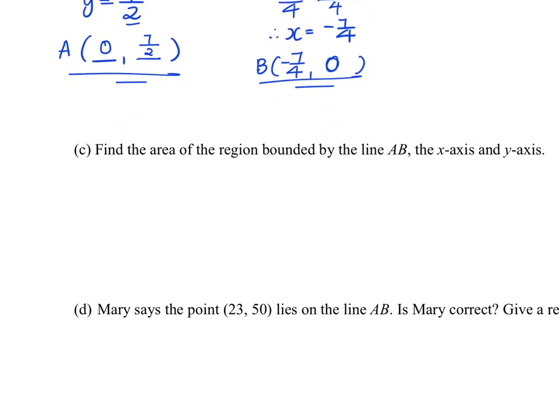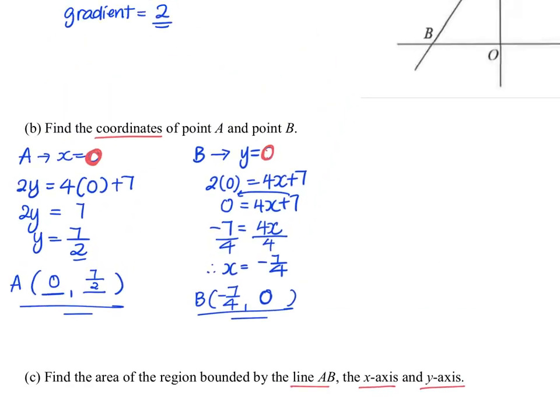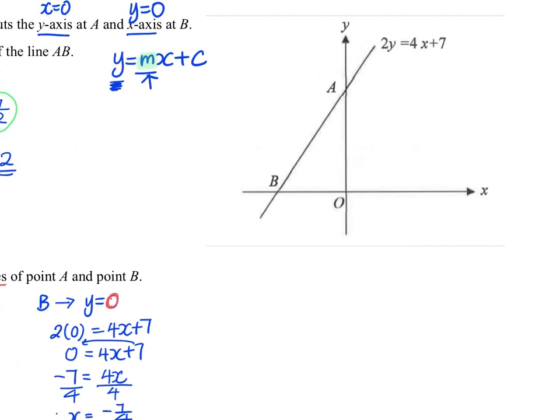Okay, find the area of the region bounded by the line AB, x-axis and y-axis. So what is the region bounded by these three lines? That means it's the region trapped by these three lines. So first I will have the line AB, and then the x-axis, and then the y-axis.